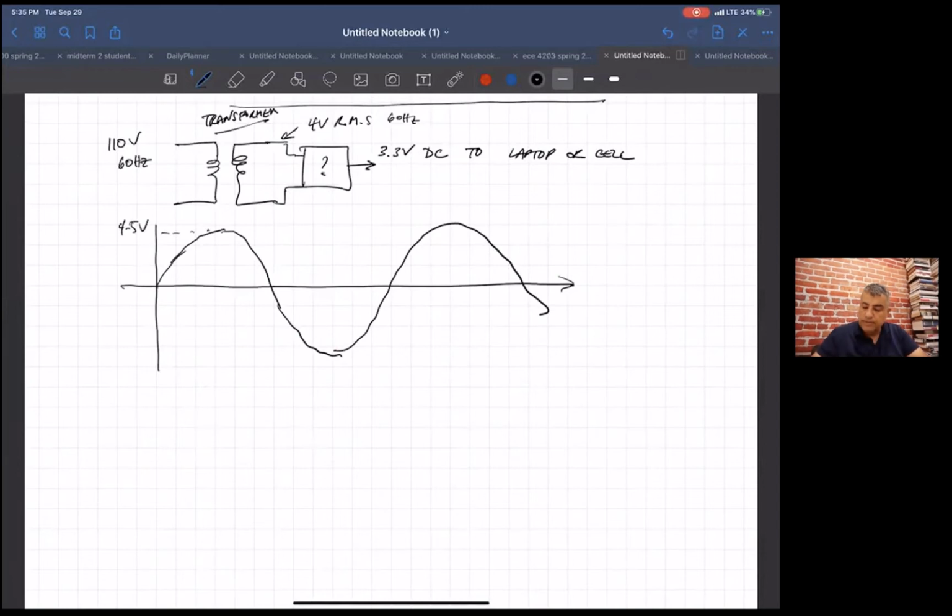And then the problem is, how do you get a DC out of this? This is all AC, no DC, whereas what you'd really like is something like that for your device: all DC, to a laptop or cell phone.